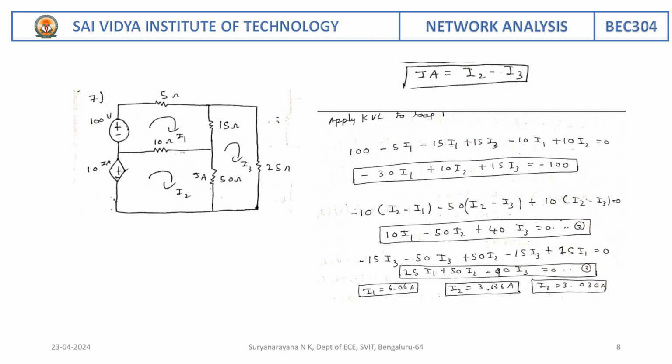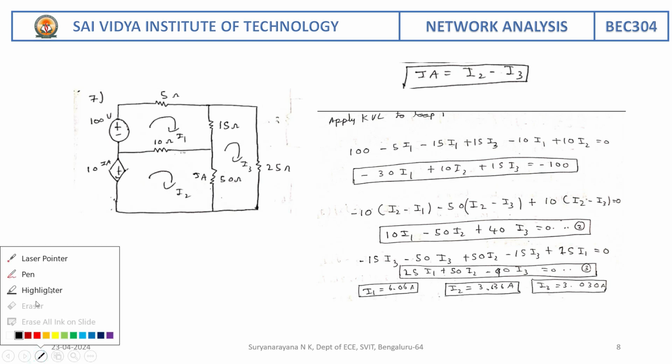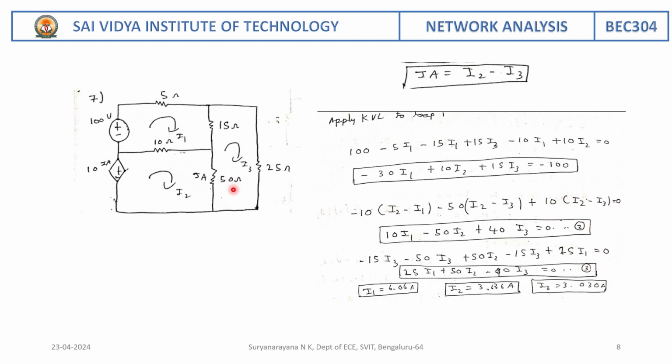So this is the next problem. Here we have to find once again the current in the meshes, that is mesh 1, mesh 2 and mesh 3. Here we have a dependent voltage source between the first mesh and second mesh.